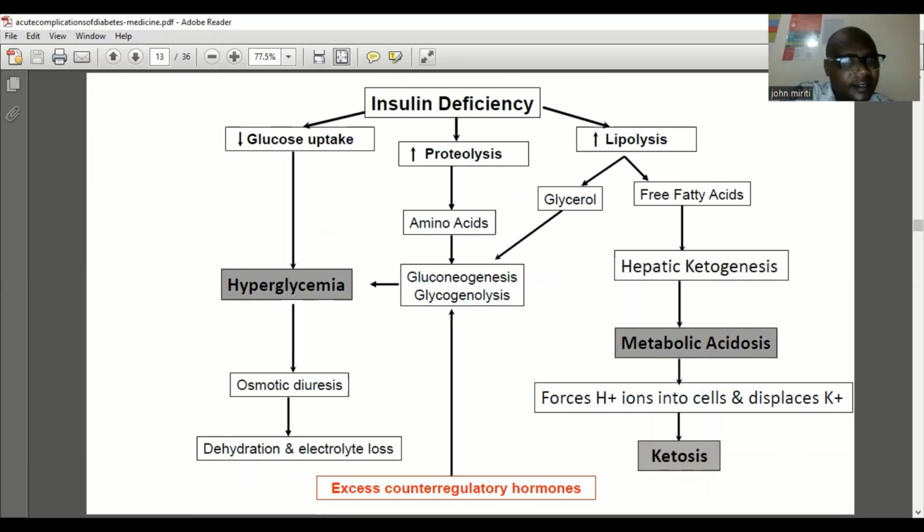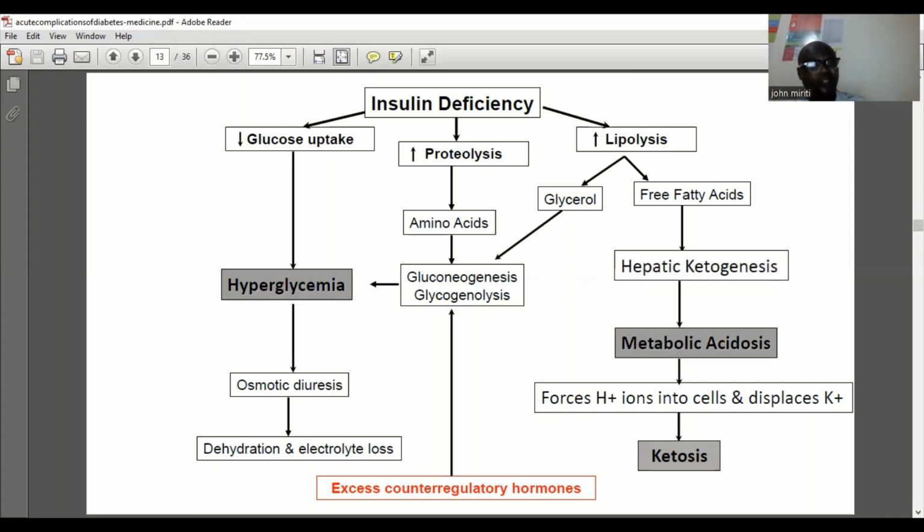Now, excessive glucose in the blood results in osmotic diuresis, because the kidney, the juxtaglomerular apparatus, and the macula densa will sense all this. And now the kidney will start excreting a lot of glucose. Whenever glucose is excreted, a lot of water is needed to excrete it out. So the patient will excrete a lot of water, which flushes out this glucose, and the patient will lose a lot of water in terms of urine.